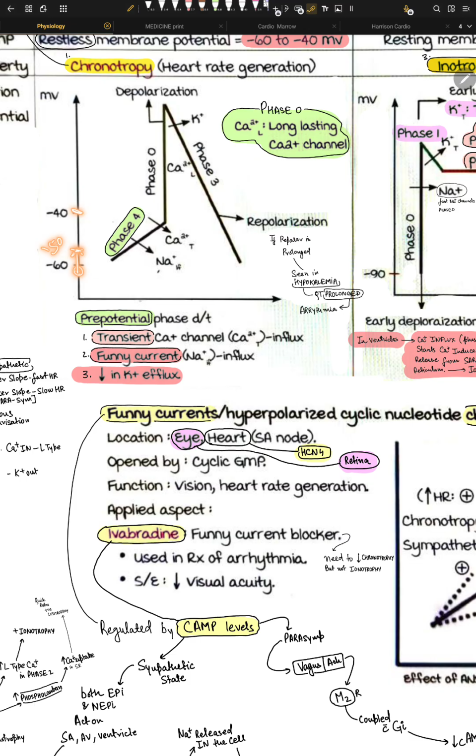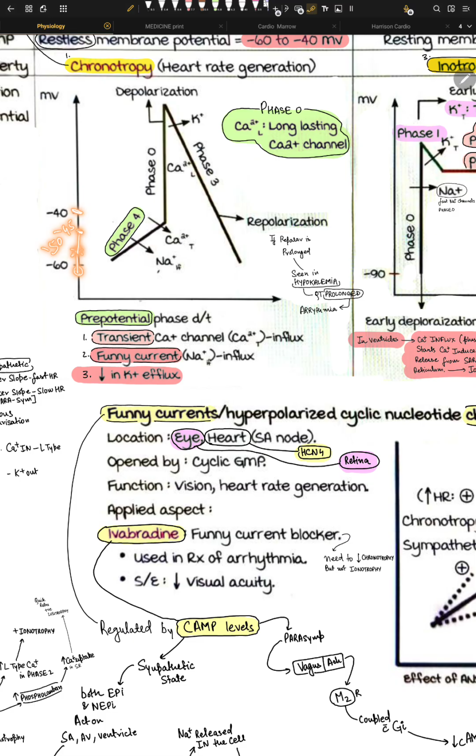Now, after that, we have these transient calcium channels. Transient means it's for a short time. They open up, and then we have calcium influx from outside the cell to inside. So again we have a little entry of positively charged ions. Once the calcium comes in, it again influences the resting membrane potential from minus 50 to maybe minus 45.